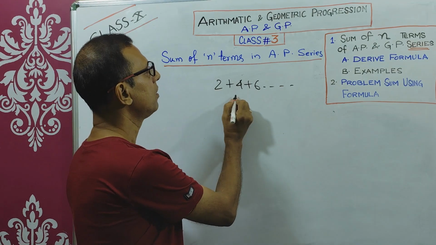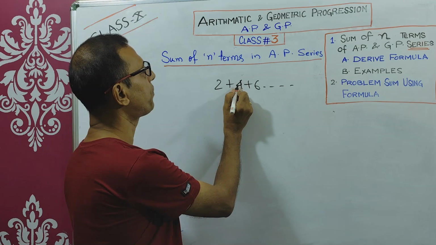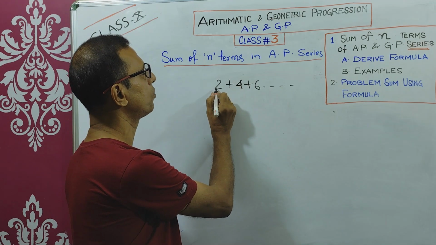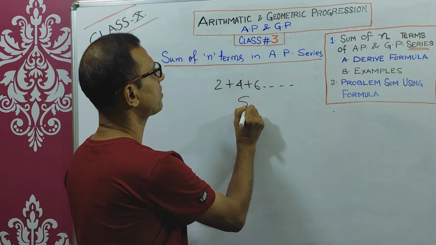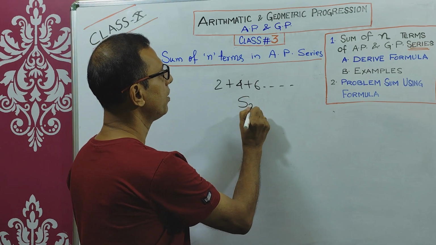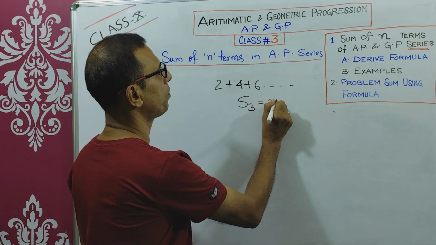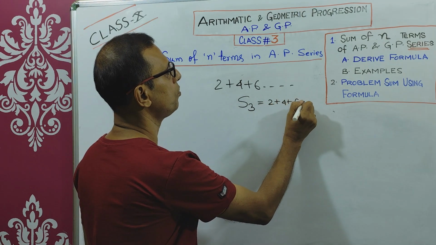This is an AP series. The common difference is 2, 4 minus 2 is 2, 6 minus 4 is 2. So obviously the summation S3, S for summation, of three terms is 2 plus 4 plus 6 equals 12.